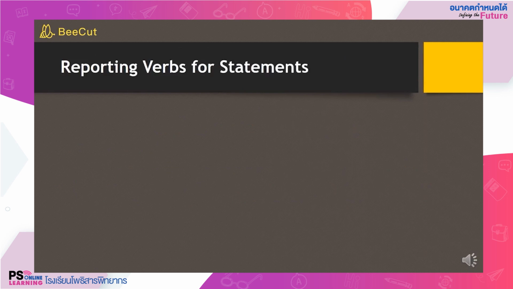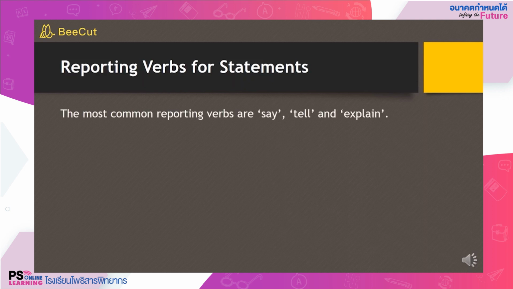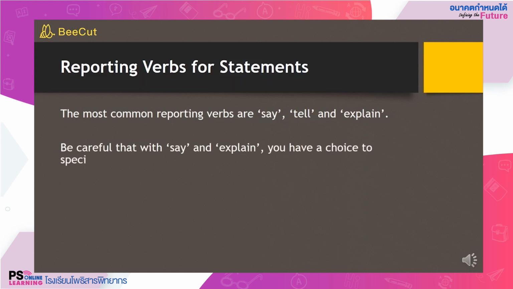Reporting verbs for statements. The most common reporting verbs for statements in indirect speech are say, tell, and explain. Be careful that with say and explain, you have a choice to specify the person or not. If you specify the person, use to.